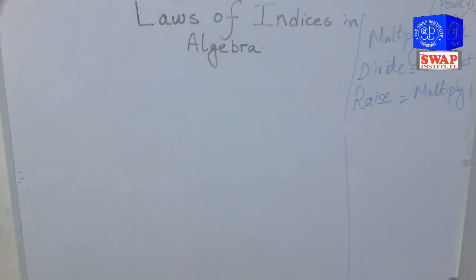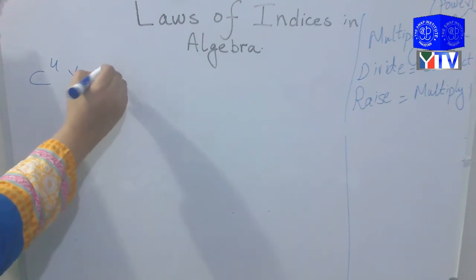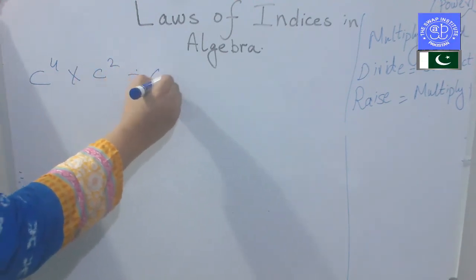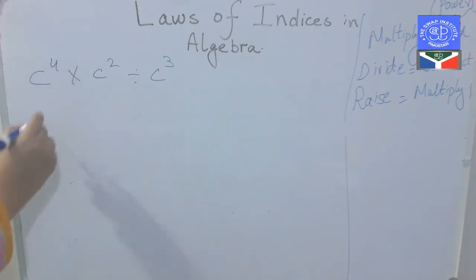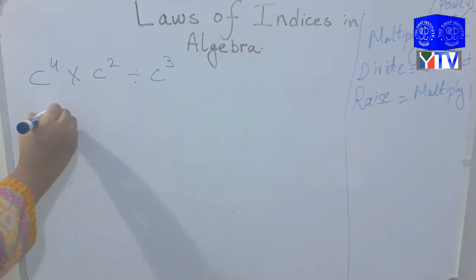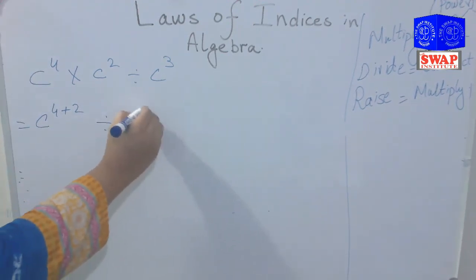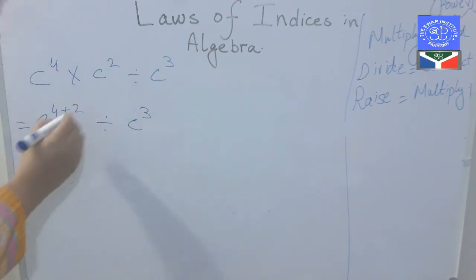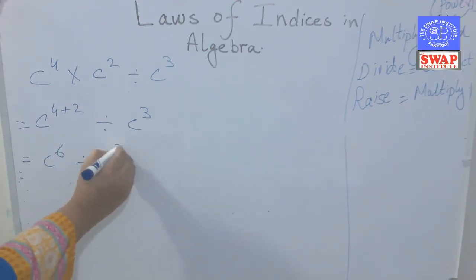I will do it. c raised to power 4 multiplied by c raised to power 2 divided by c raised to power 3. So in multiply, what do we do? We add the powers. So I will do c raised to 4 plus 2 divided by c raised to power 3. 4 plus 2 is 6, divided by c raised to power 3.